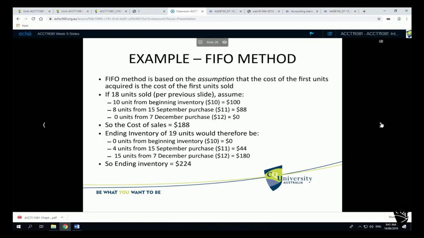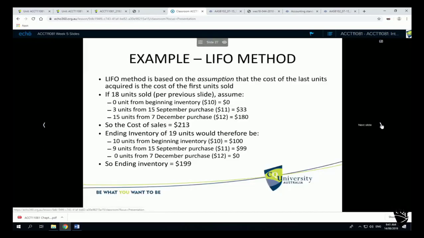Okay, the last in, first out method, the LIFO method, is the opposite of the FIFO method. The LIFO method assigns inventory costs on the basis of the cost of the last or most recent units of inventory purchased. So in our example, we would assume that we first sold the most recent inventory that we purchased, i.e. the 15 units from our December purchase at $12.